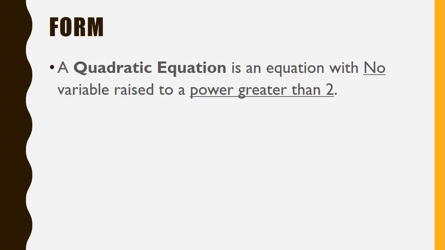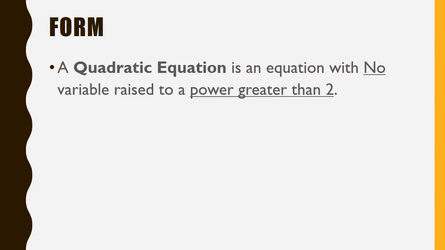In the past, you learned that the linear equation is an equation that has 1 as the highest exponent. And the form for the linear equation is y equals mx plus b. Today you're going to learn that quadratic equations are equations with no variable raised to a power greater than 2.